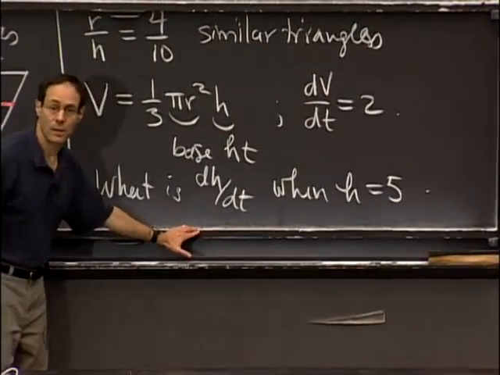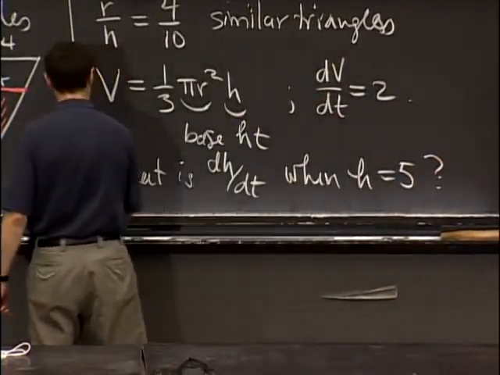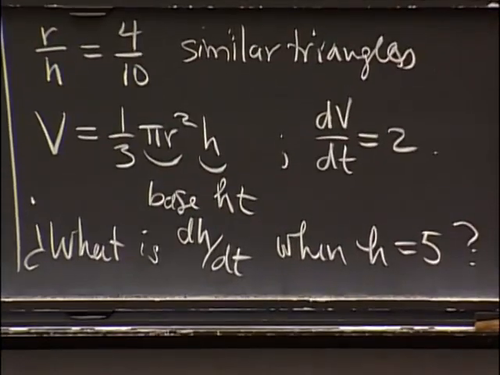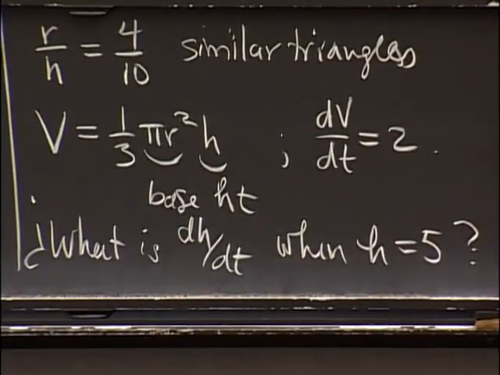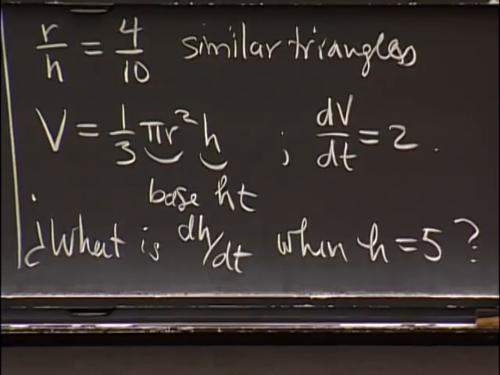All right? So that's the question here. All right, now we've got the whole problem, and we never have to look at it again, if you like. We just have to pay attention to this piece here.